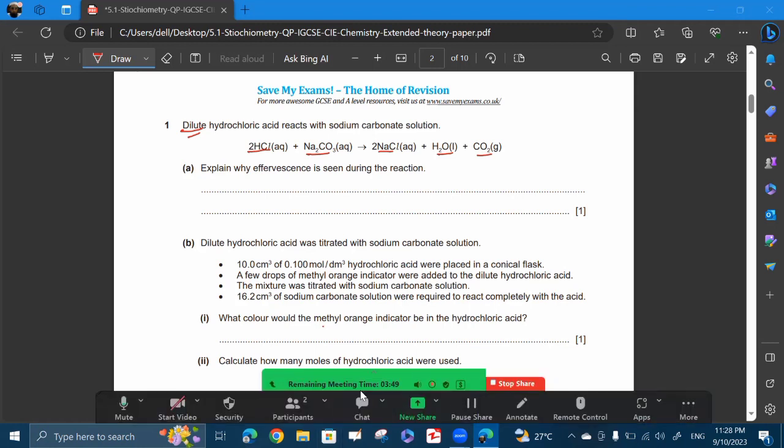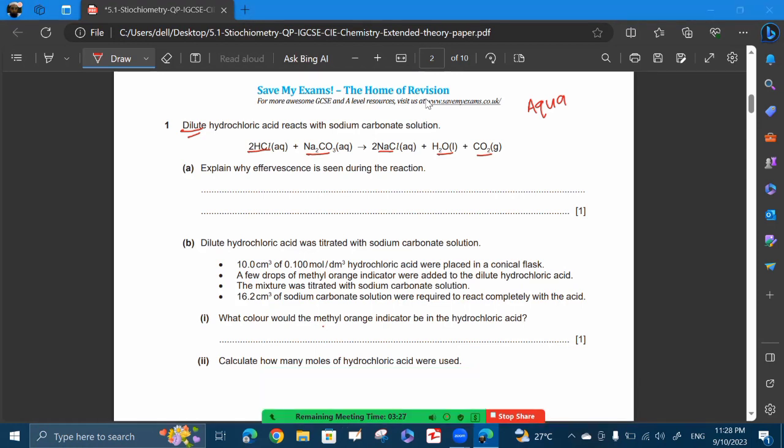But aqueous means something dissolved in water. Aqua means water. Aquafina, you must have heard someone use it. So aqua means water. When something is dissolved in water, it becomes an aqueous solution. When it contains more water, it is dilute, and when it contains less water, it is concentrated.